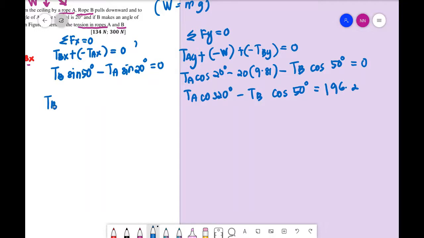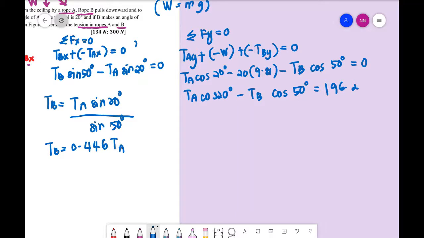So TB equals TA sine 20 degrees over sine 50 degrees, which equals 0.446 TA. Then we can substitute it into equation 2.